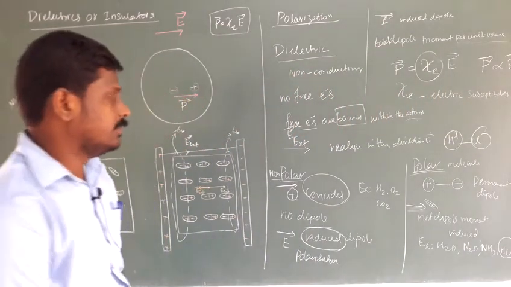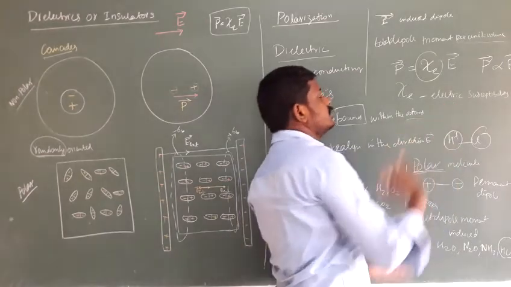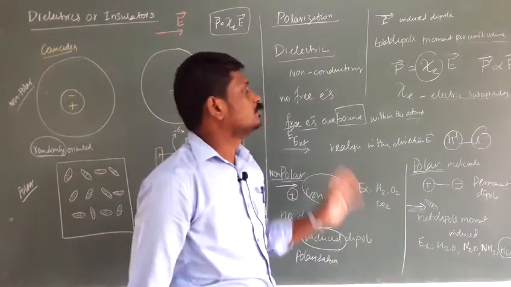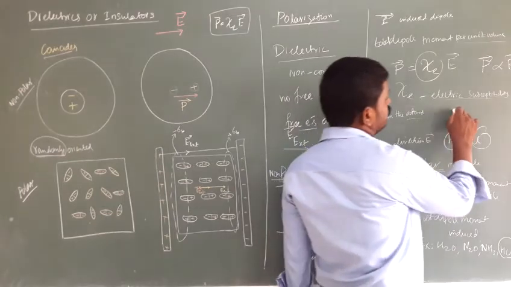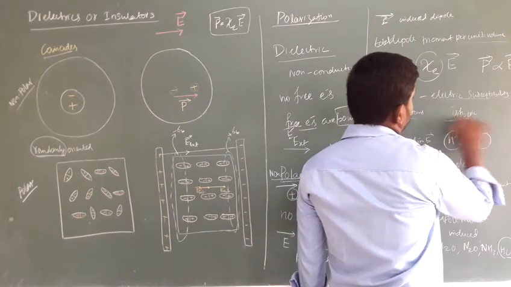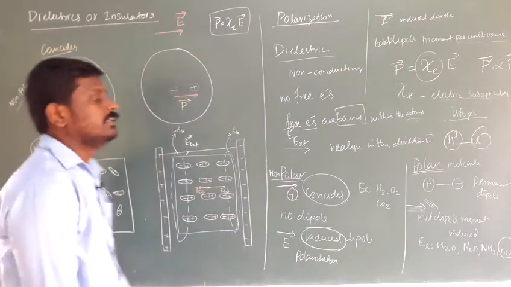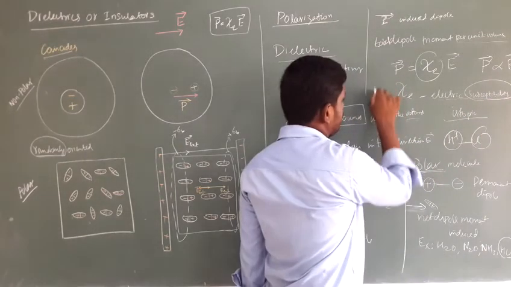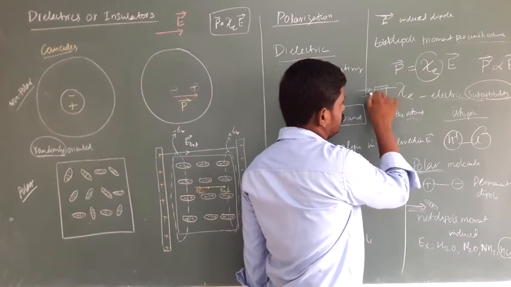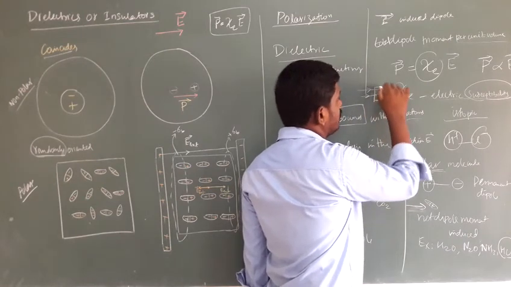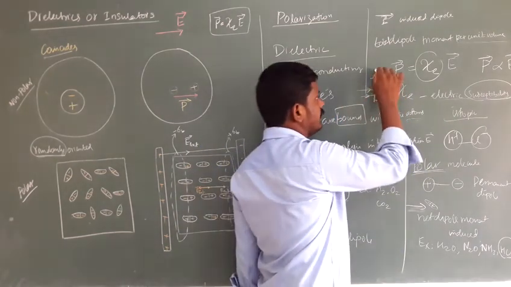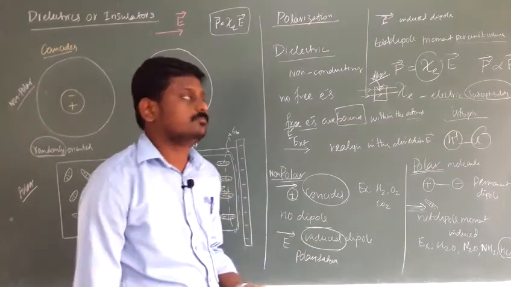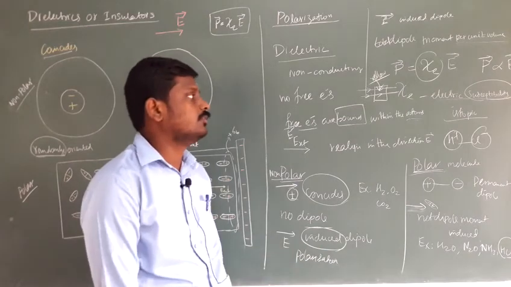Electric susceptibility means how readily the material responds to the electric field inside it. Most dielectrics are linear and isotropic. Considering a material, electric field lines pass through it, and susceptibility is how much it allows the field. It is somewhat similar to permittivity and permeability, epsilon naught and mu naught.